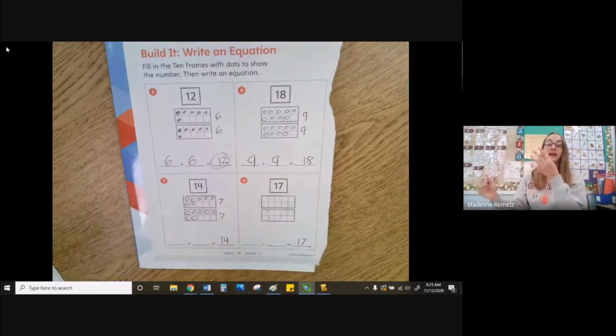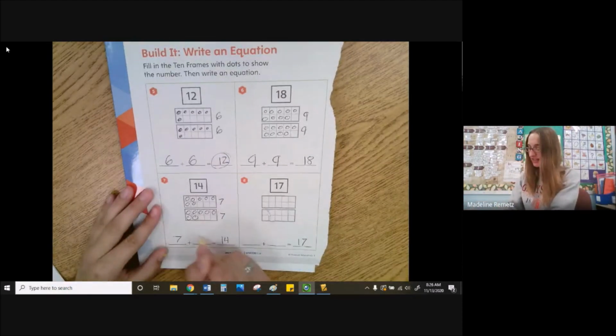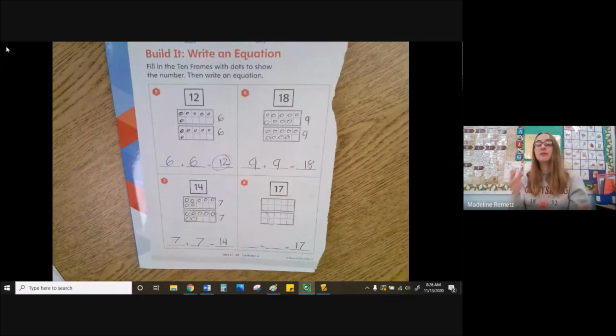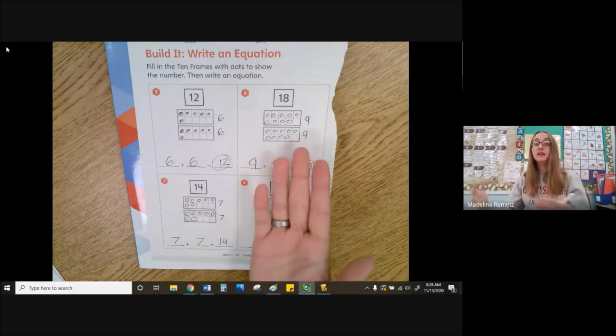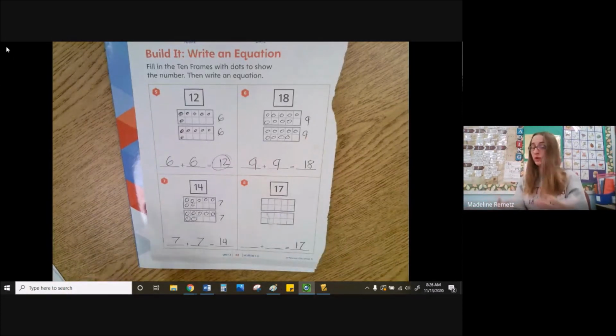This is a fun way to play Build It, is trying to see if you can find the doubles fact. 7 and 7. You might have done 10 plus 4, 8 plus 6, 9 plus 5. And for 18, you might have done 10 plus 8 or 9 plus 9. Those are the two ways that you could have done it.